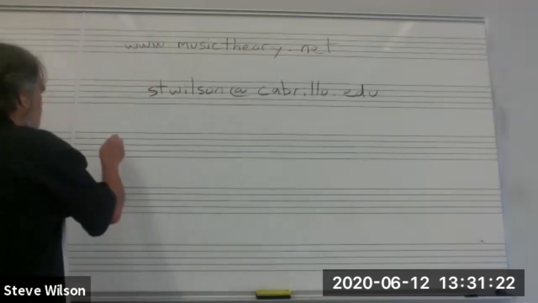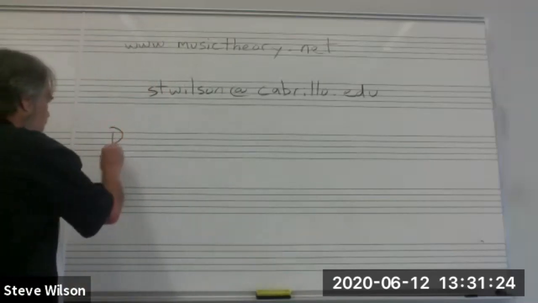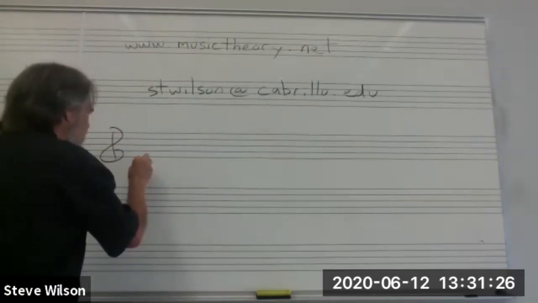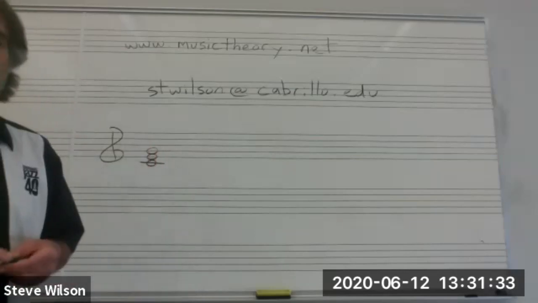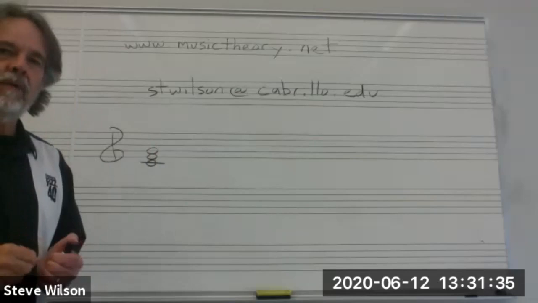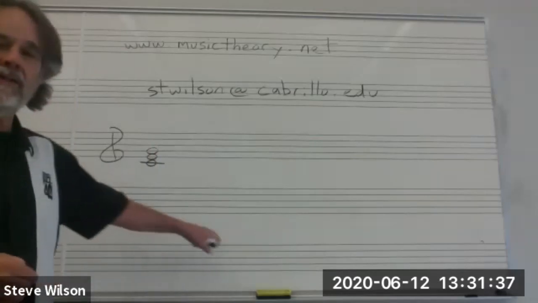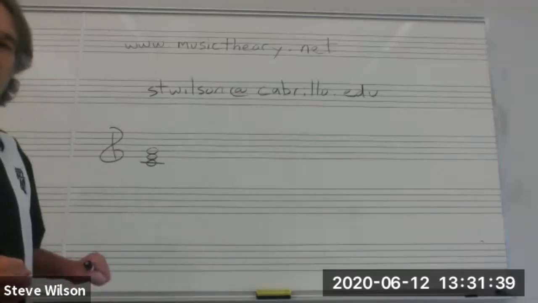So let's go ahead and we'll start with a C major triad. 1, 3, 5 of the C major scale. And remember, that's the major scale that starts and ends on C with the natural notes.